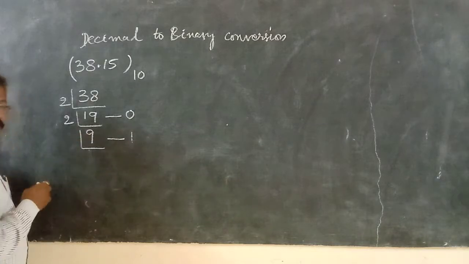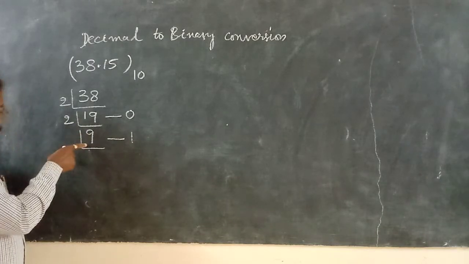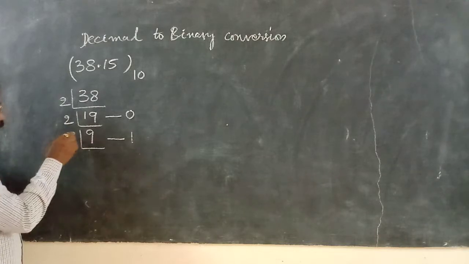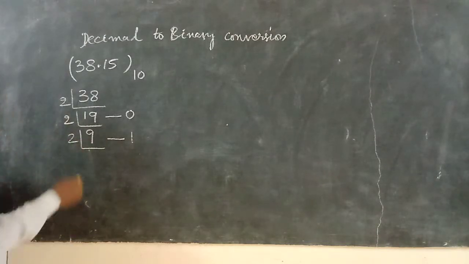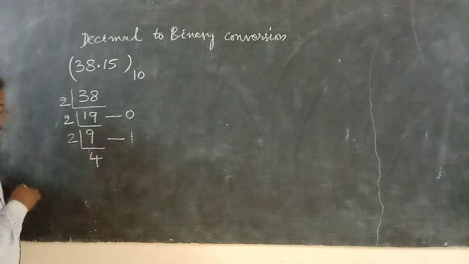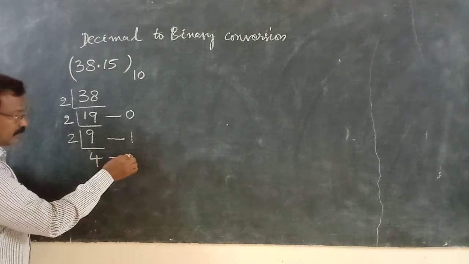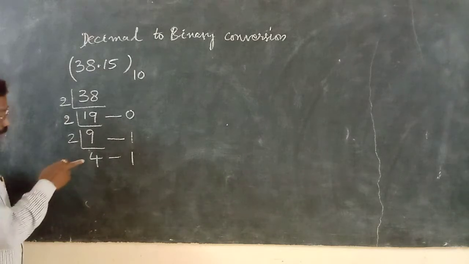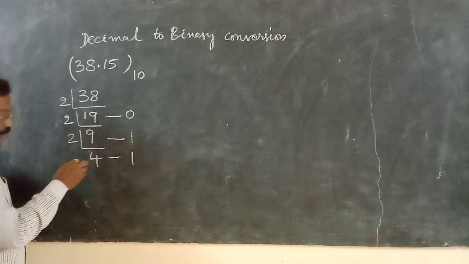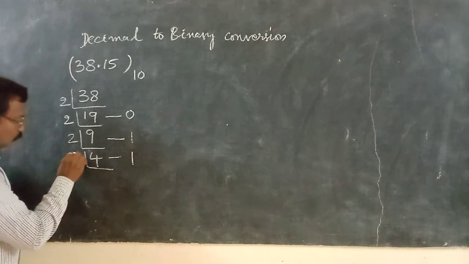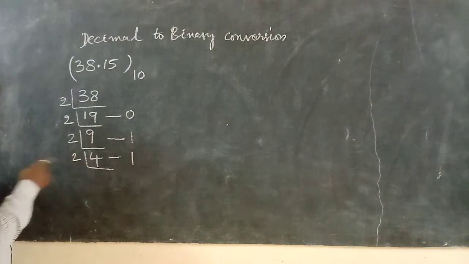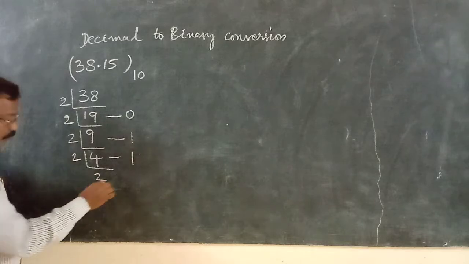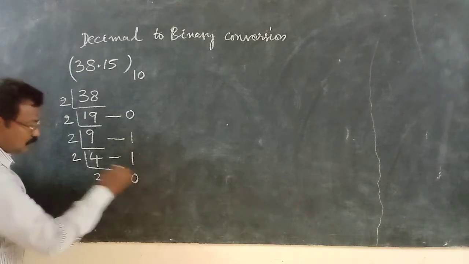Again you have to divide this quotient, here the quotient is 9, with 2. 4 twos are 8 and the remainder is 1. Again you have to divide this quotient 4 with 2. 2 twos are 4 and the remainder is 0.